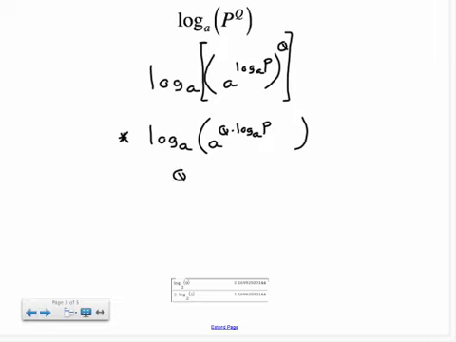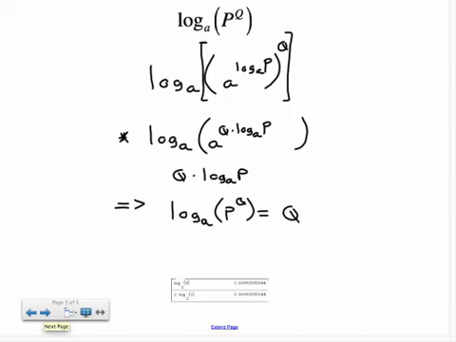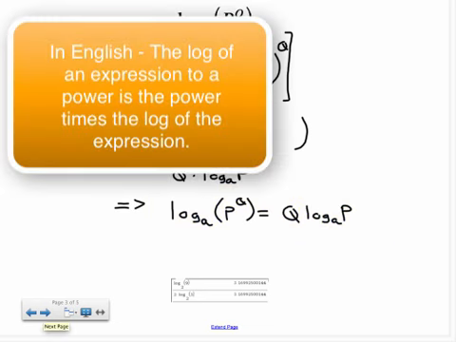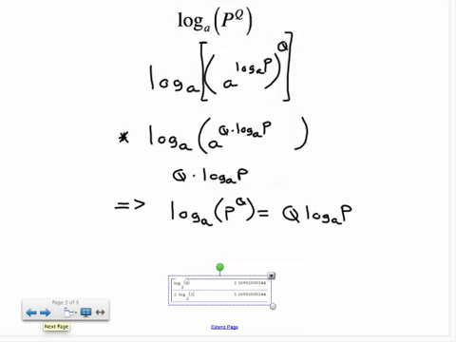And the stuff is Q times log base A of P, which means we have a new rule that says if I have the log of something to a power, P to the Q, for example, that's allowed to be rewritten as Q times the log base A of P. So in other words, the exponent of the argument is allowed to come in front of the logarithm. Again, not an obvious property that you would just guess is true, but there it is.